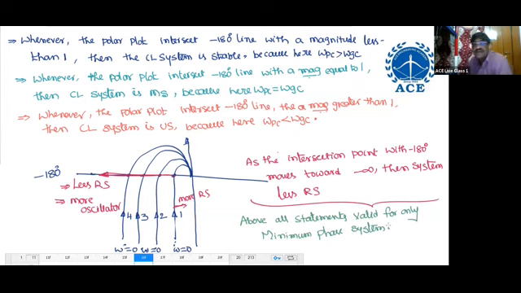That's all. Okay? Right. How to find a minimum phase system: the starting angle should be either 0 or at most minus 90. That's all.